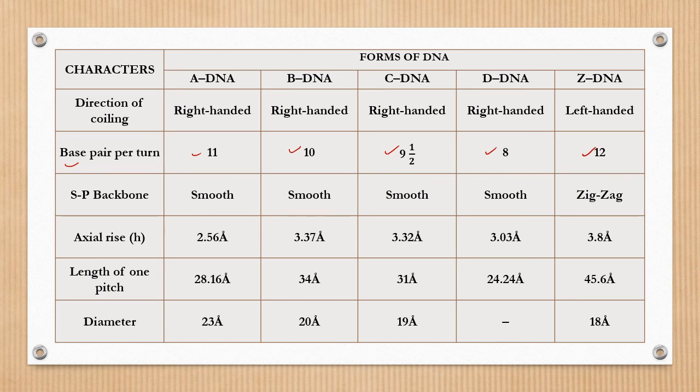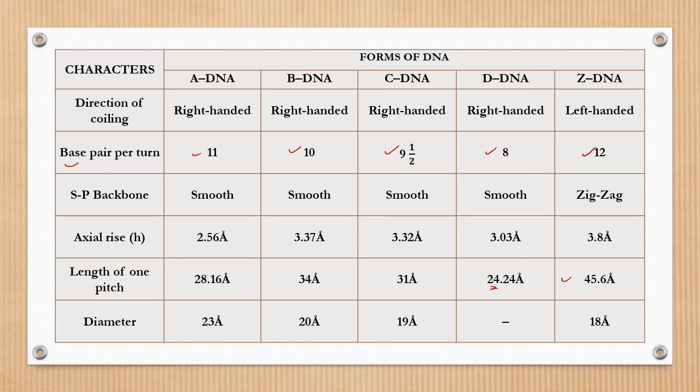One can see that Z DNA has 12 base pairs, so its turn length is more because of more base pairs. Base pairs are formed between nucleotides. D DNA has 8, that's why, compared to all the others, it has a shorter turn length.